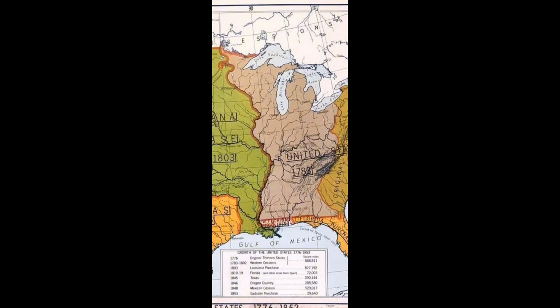It would become the future Wisconsin, Michigan, Ohio, Illinois, Indiana, sort of over to, I believe, the Mississippi. And so this land was then claimed by the new American nation, like I said, around 1783. So it would all have just been territory at that stage.